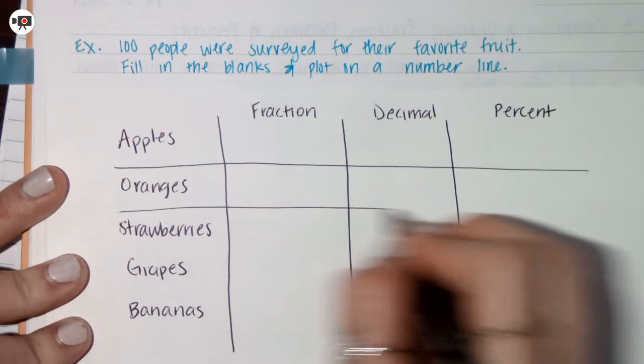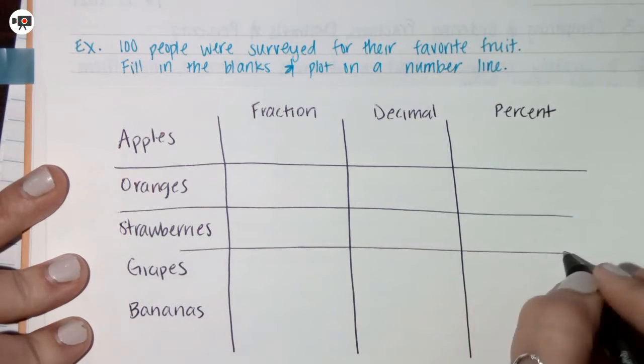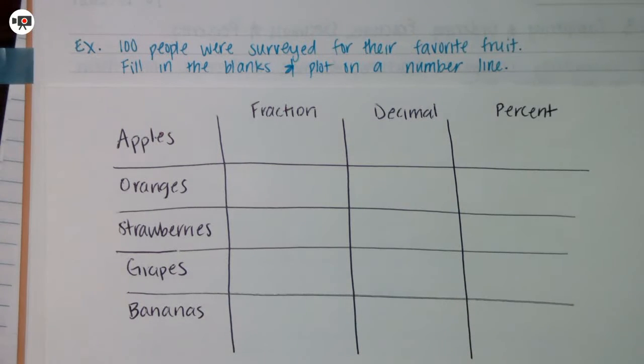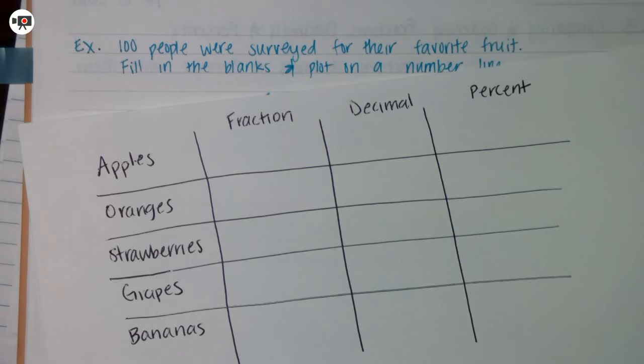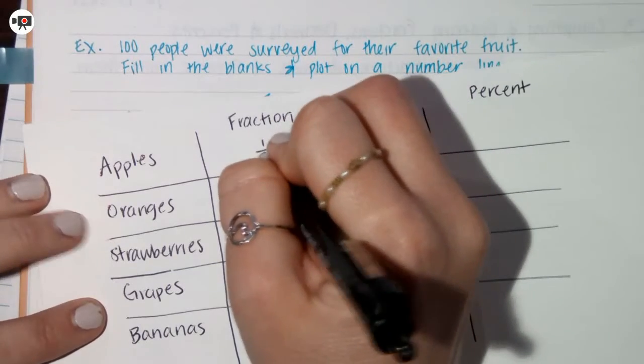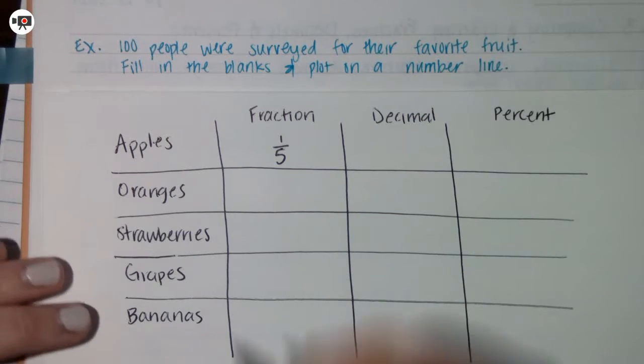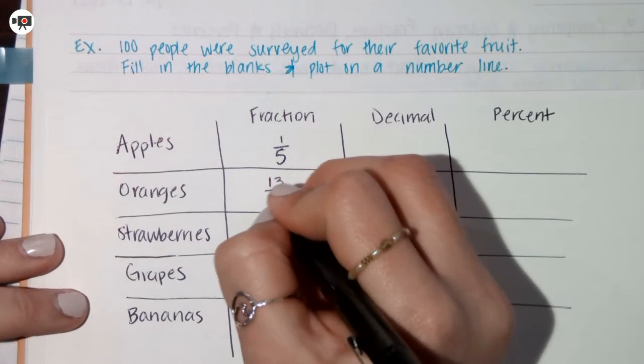So I'm going to make a nice chart here. And I know that the people who chose apples as their favorite fruit is 1/5. The people who chose oranges as their favorite fruit was 13 out of 50.